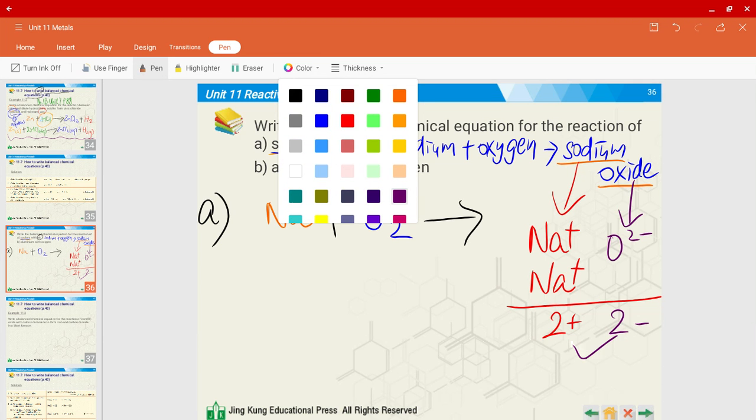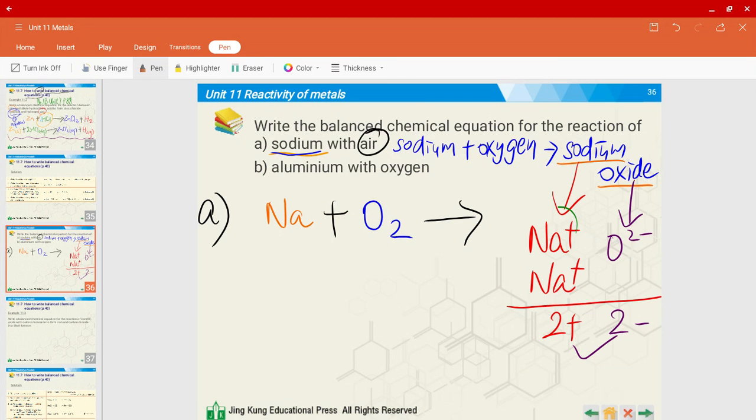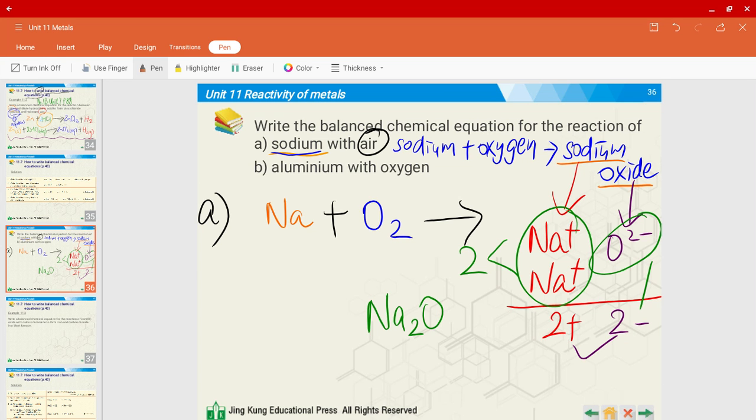So when I write down the overall formula, what is it? Left hand side, I have 2 sodium ions. There are 2 of them. So I'm going to write down Na2. Right hand side, I have only 1, so it's O, just the single O. So Na2O. Alright, so that is how you find out the chemical formula.